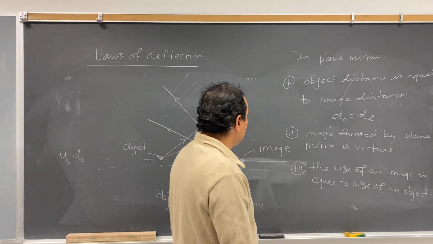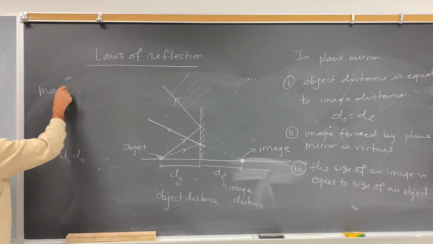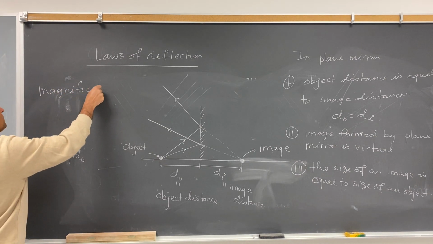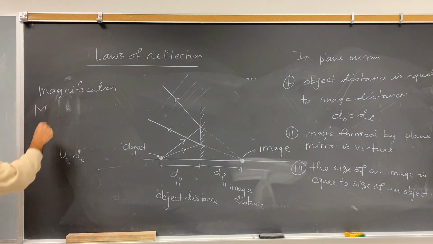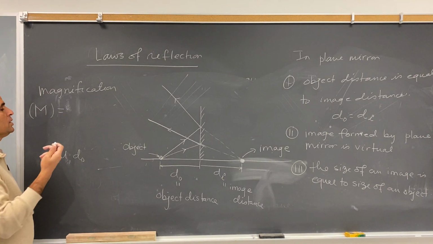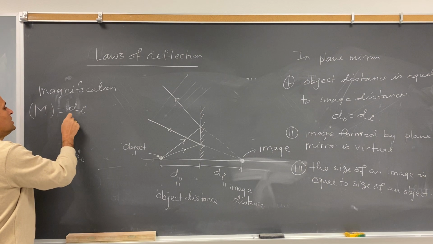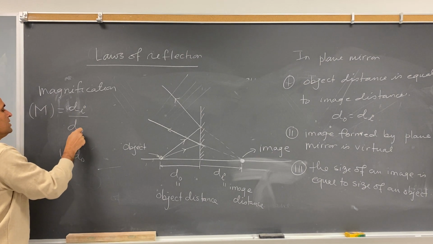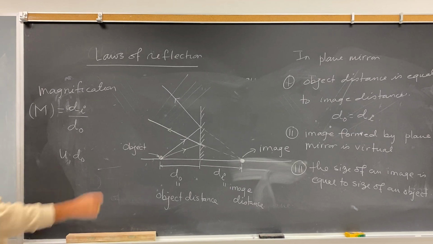In case of plane mirror, the magnification, you can write down magnification. It is simply denoted by M. There are two ways. One is you can do this, like this of I, image distance divided by object distance. You can do this also. This is the formula to calculate the magnification. And this is equal to 1.